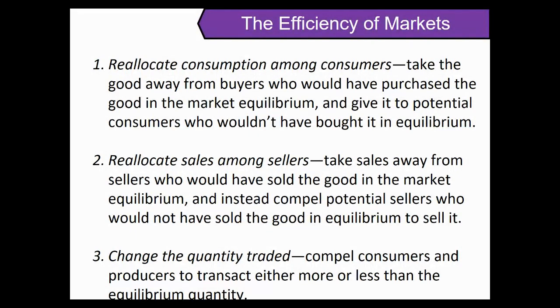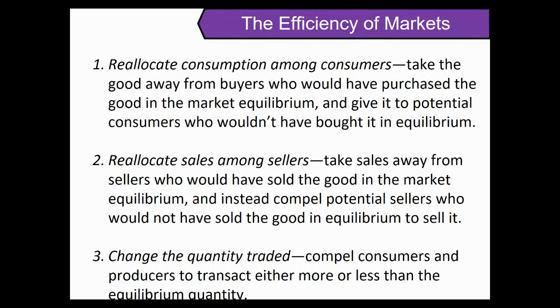But we also know that when we think about an efficient market, we might want to reallocate consumption among consumers. Let's say we wanted to take that demand curve and reallocate the products to other people on the demand curve, the people that maybe couldn't afford to buy it at the higher price.